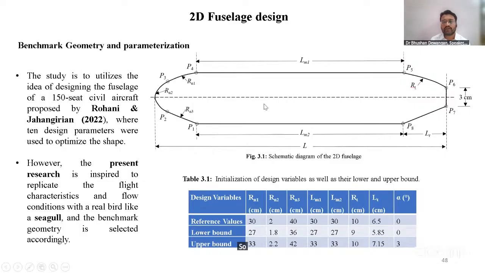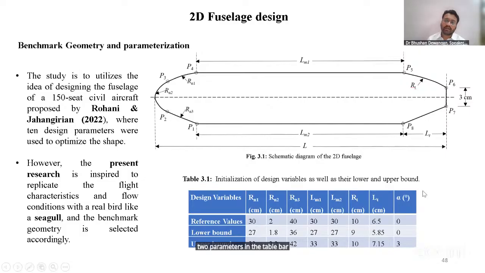So I found out, why can't we optimize it for a bioinspired ornithopter prototype? So I used that concept and made 8 parameters. Here in the nose section we have 3 parameters, in the mid section, which stores our electronic items, 2 parameters, and similarly 2 parameters in the tail boom.